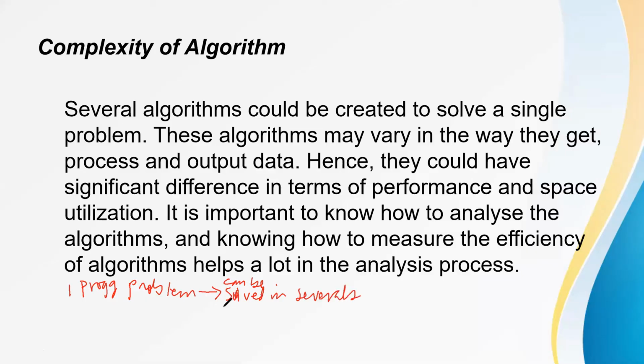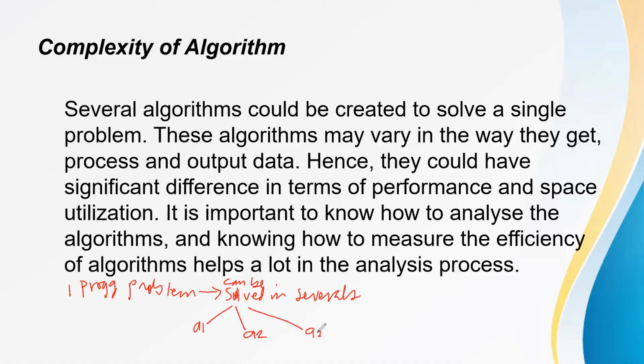So one programmer could come up with one algorithm, another programmer who thinks in a different way, who has a different preference, also has a unique algorithm to solve that one problem, okay? Or another programmer could solve it in another way, okay?